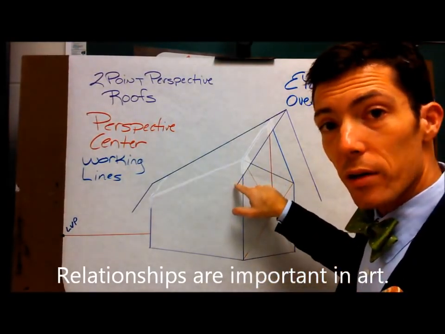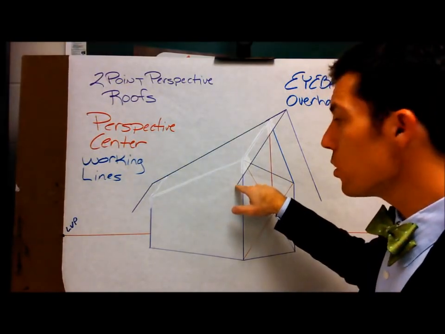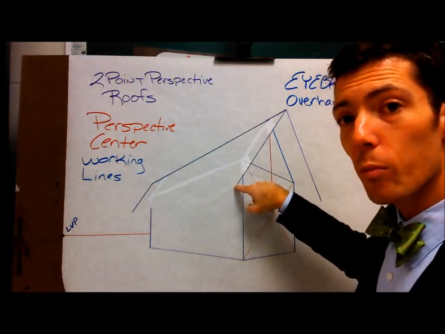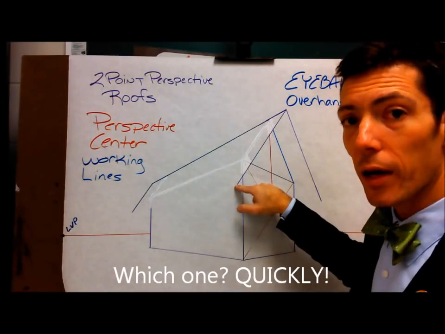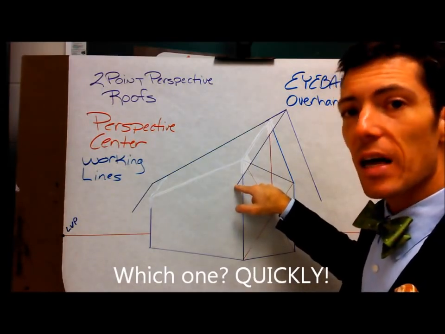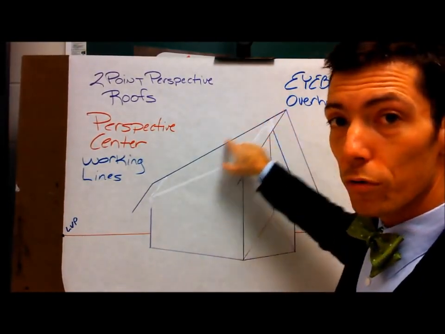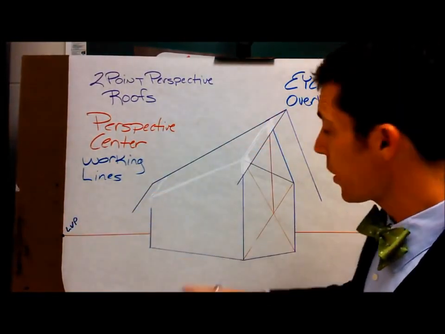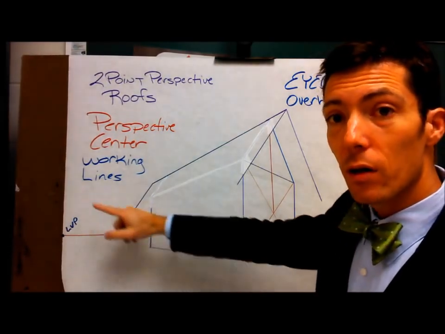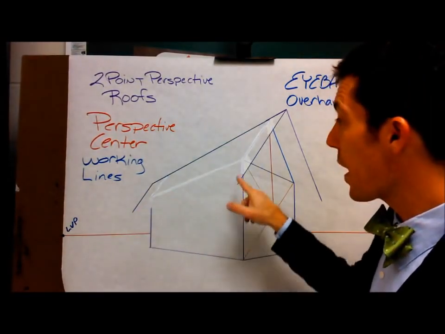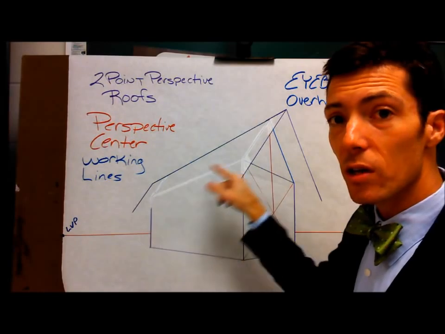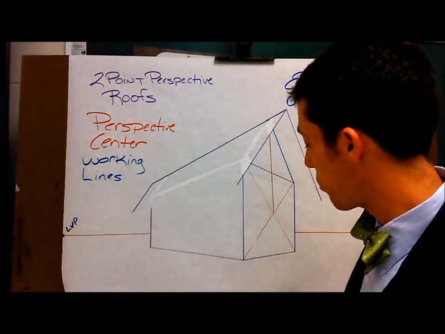So from this point, I like where this is happening, so I'm going to use this corner and line up with, which vanishing point do you think? Exactly, right. We're going to line up with the left vanishing point. The roof line goes to the left vanishing point. The bottom of my building goes to the left vanishing point. Remember, we had this line in here, which I've erased, but that also went to the left vanishing point.